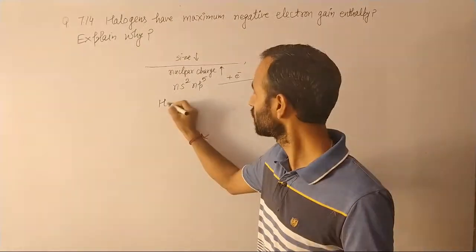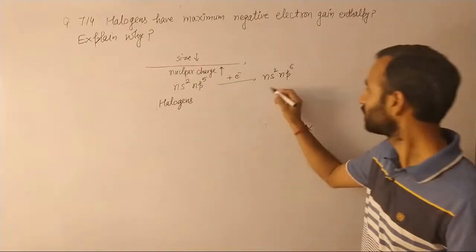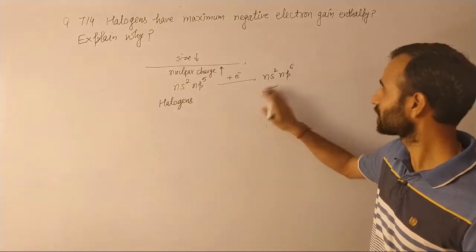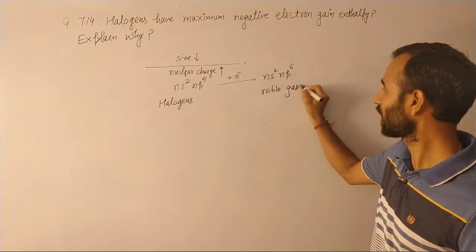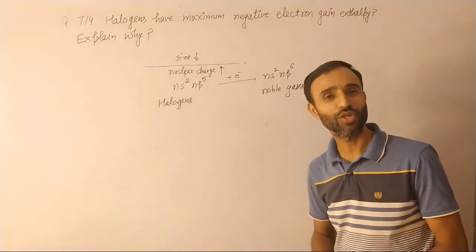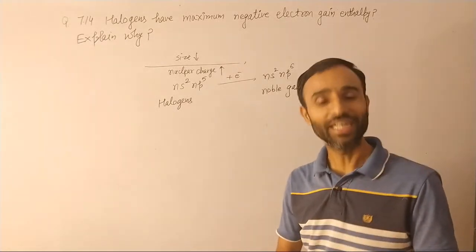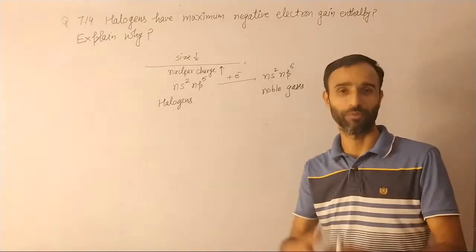These are halogens and these are noble gases. Nowadays it is not known as inert gases, they are known as noble gases. Why not inert? Because they are not at all inert, they can react, but they are least reactive.